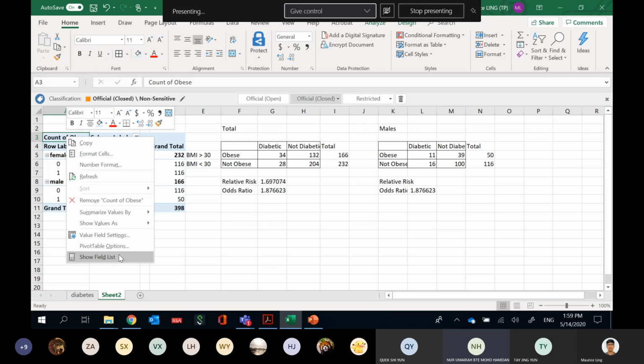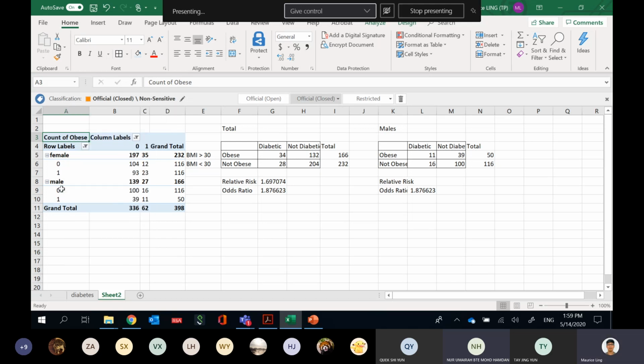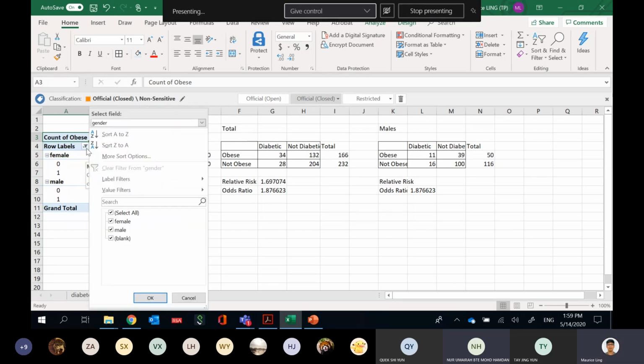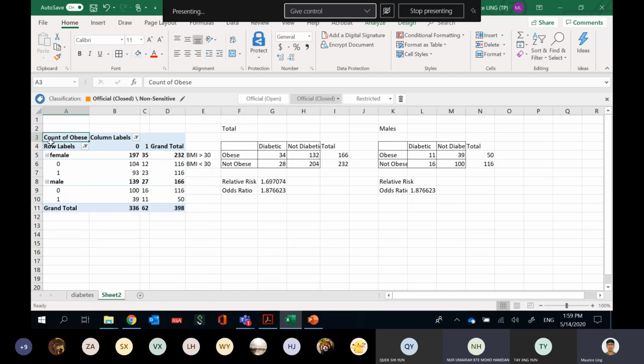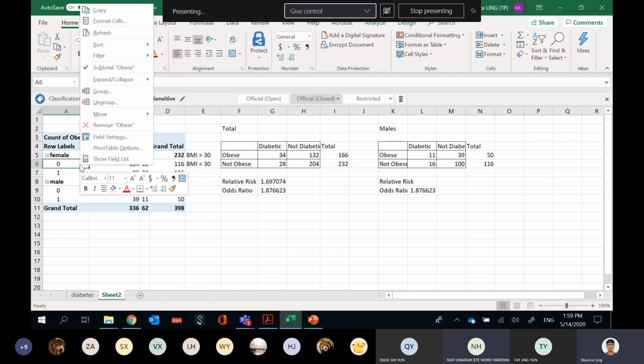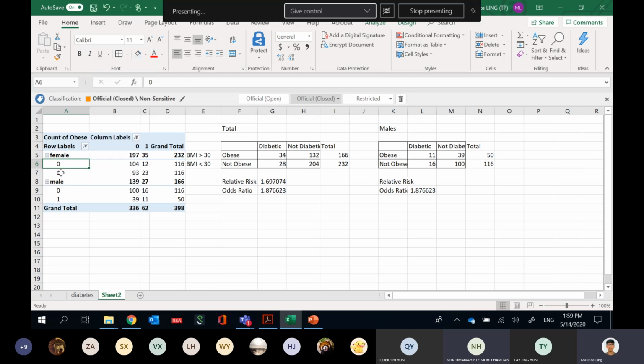Cut, copy, format cell, drop down list. Okay, so that means something is not right. Let's see, because I have it. But anywhere I click, it says we can't change this part of the pivot table. So the easiest way is to redo the whole pivot table again lah. Oh, okay. Okay, I try. Yeah.